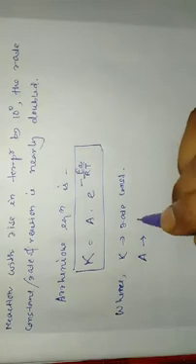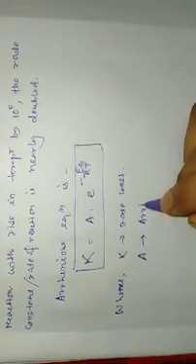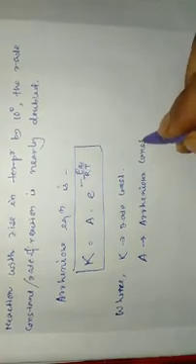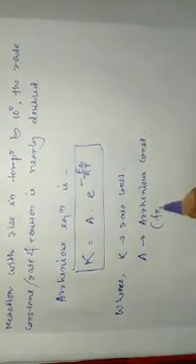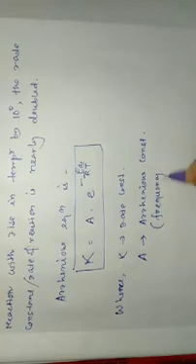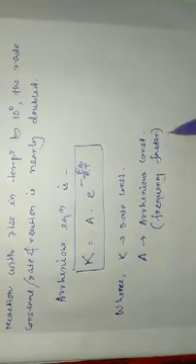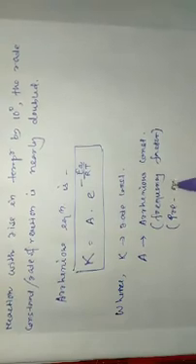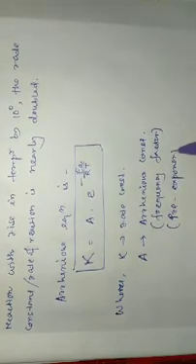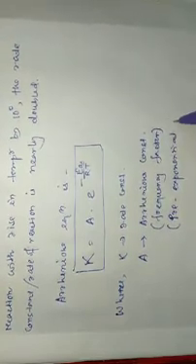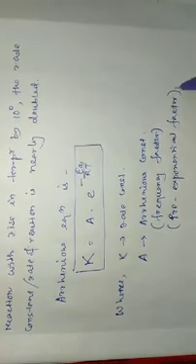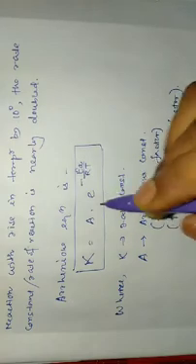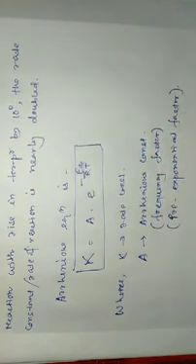Capital A is a constant, known as the Arrhenius constant, also known as the frequency factor, also known as the pre-exponential factor. Small e represents the exponent.